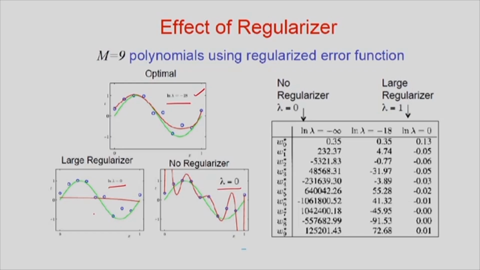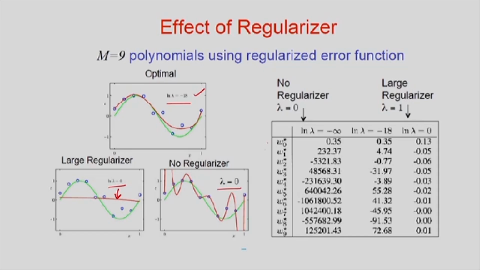That is not the exact representation. If I see the predicted one, the predicted one is the red one, and that is not the exact representation of the input function. The input function is sin 2πx. So if I consider the optimal value, ln λ equal to minus 18, then it is an almost exact representation of the input data, and λ equal to 0 means there is no penalty term, that is, the effect of the regularizer is not there.